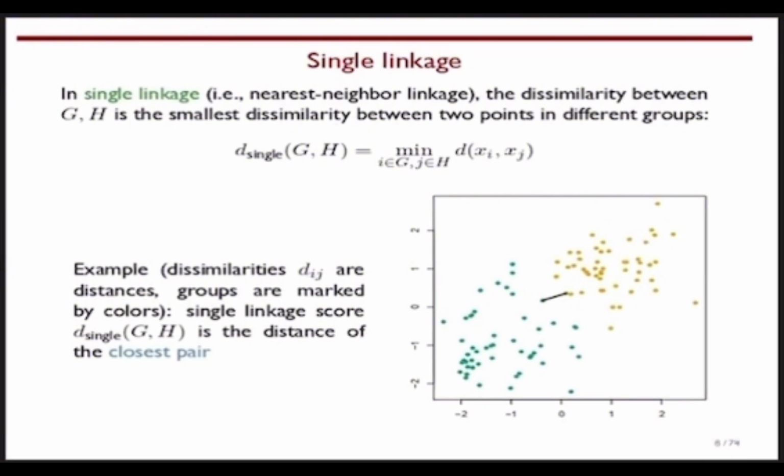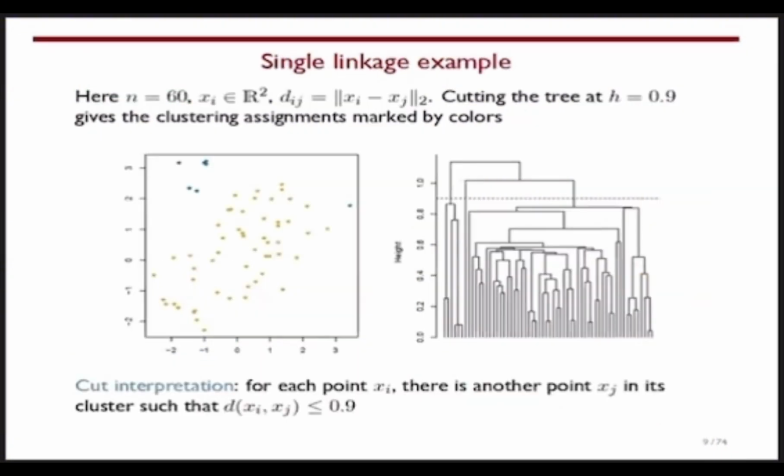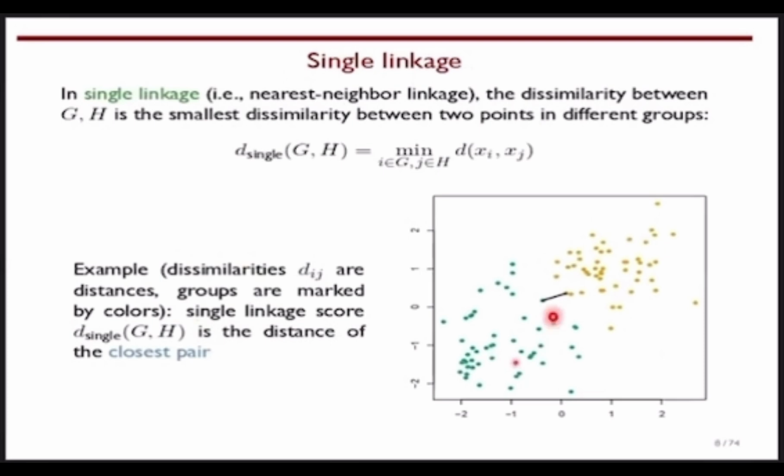Now take a look at what I'm showing you. This is single linkage. Why? Because we are only considering, can you see that, the distance between two clusters that are the closest.